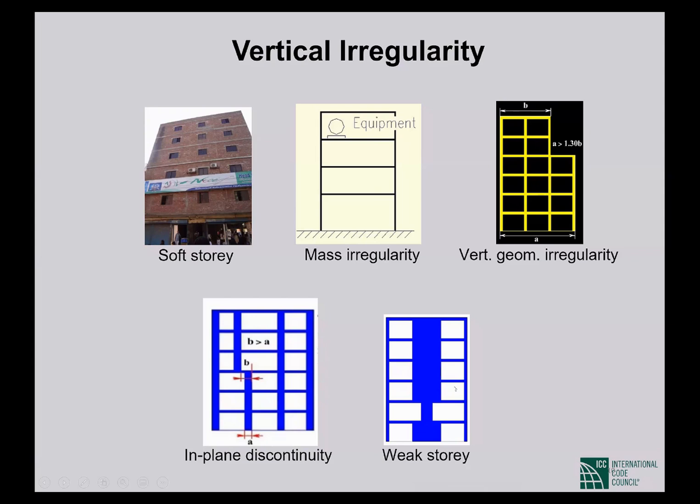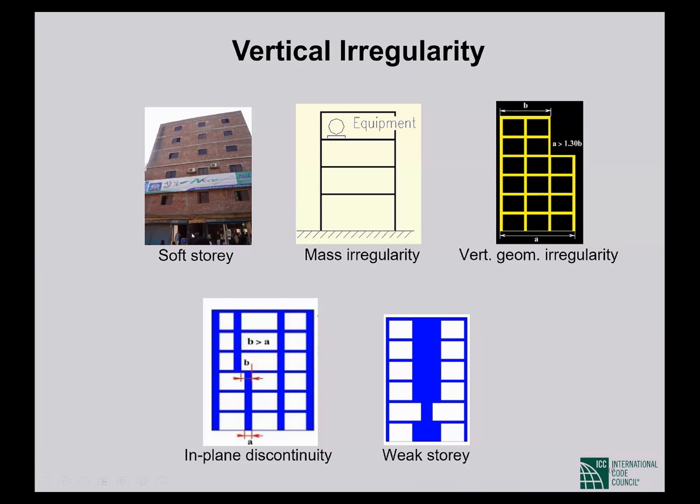Weak story, this is very similar to soft story. The only difference is that we compare not the story stiffness, rather we compare the story strength compared to other stories. Now, for example, in the case of soft story, brick walls are not quite strong. They cannot take a lot of lateral load. They break easily, but they are very stiff.